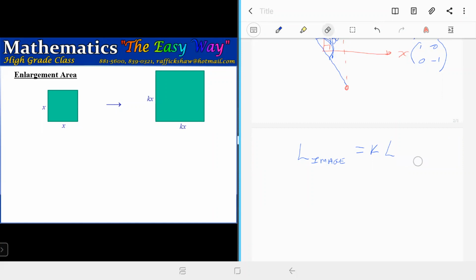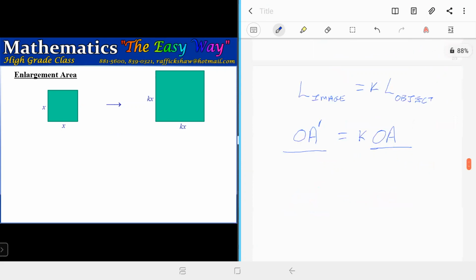So basically, multiply the length in the image by k. Also multiply the distance from the origin, or from the center of the enlargement. For example, if this O is the center, then OA prime, the image, is k times OA. This is our image distance from the origin, k times the object distance. Right? We spoke about that.